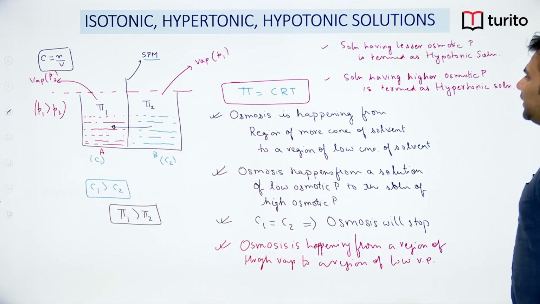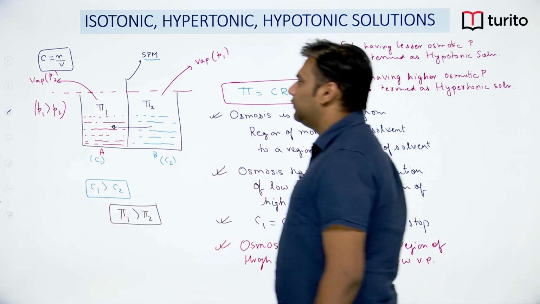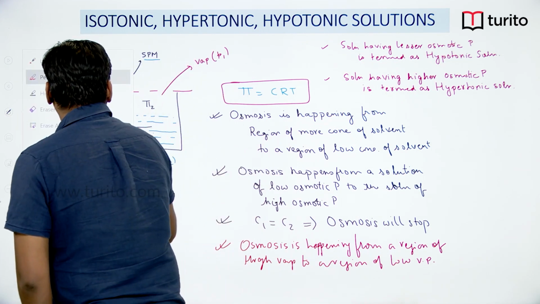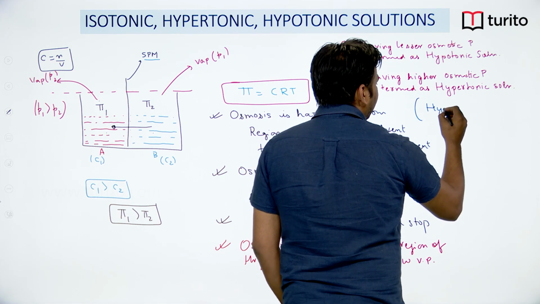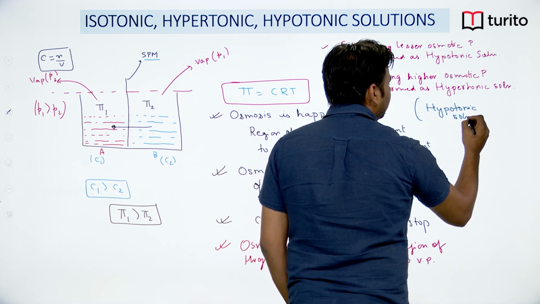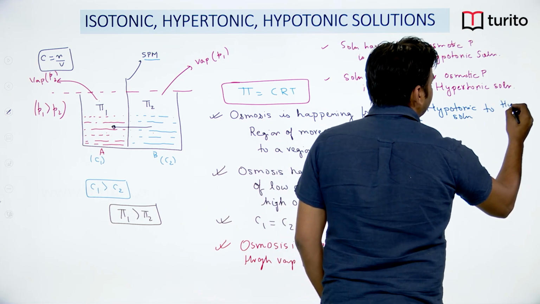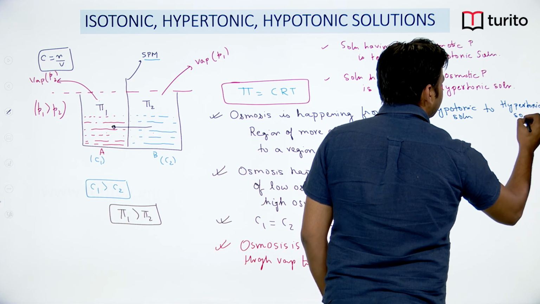We can also say that osmosis is taking place from hypotonic to hypertonic solution, that is, solvent is moving from hypotonic solution to hypertonic solution. Okay, hope this is clear to you.